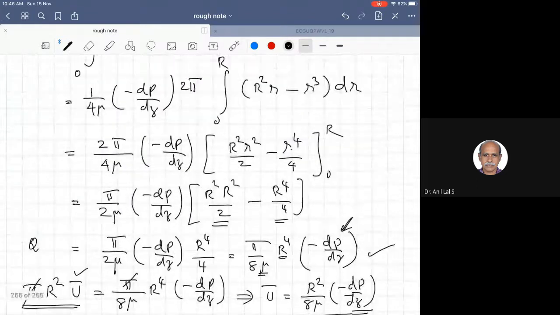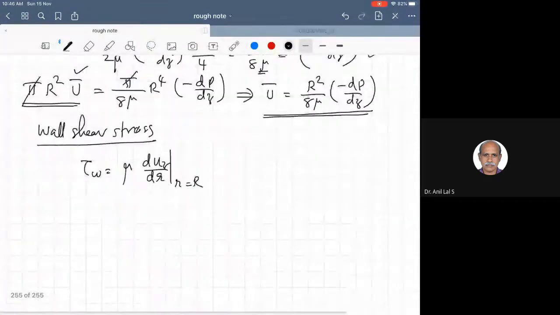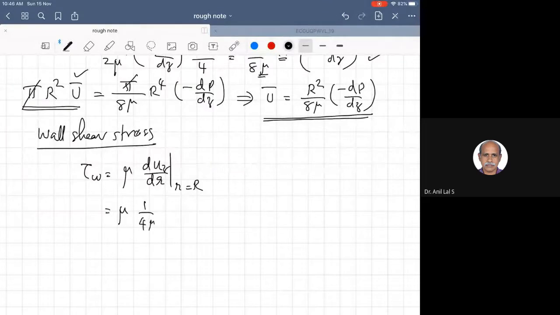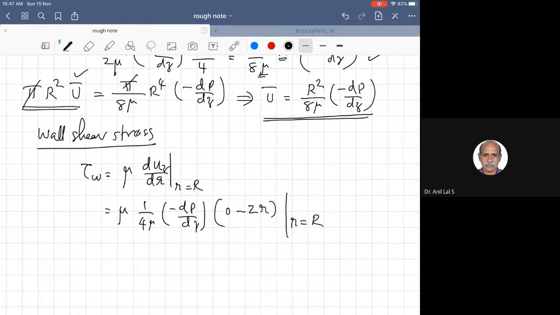It is mu into 1 by 4 mu, then minus dp by dz, then within that capital R squared becomes 0, minus small r squared becomes 2r, and we substitute r is equal to capital R. So this is 1 by 4 minus dp by dz minus 2 into R.